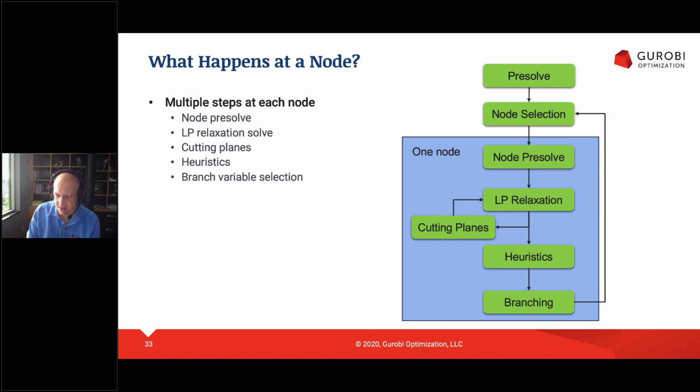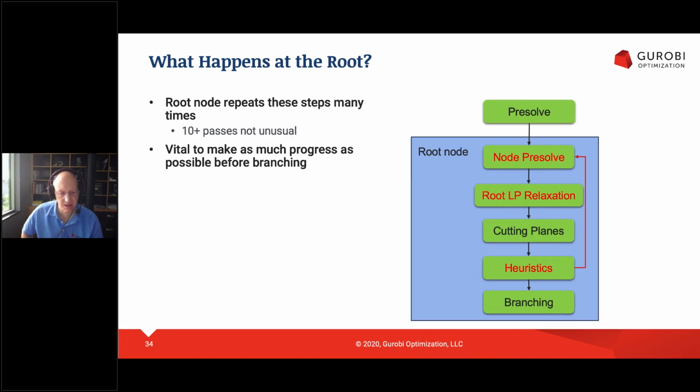At the root node, this loop is restructured a little bit. At the root, we do a node pre-solve, solve the root LP relaxation, generate cutting planes, perform heuristics, and then we loop back. I've noted the steps that are different here in red. Let me say a few words about these. First, the root LP relaxation.